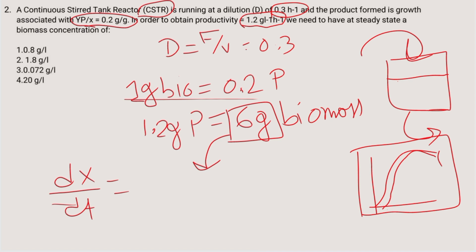Here dx is the change of the biomass and dt is the time. So it should be 6 depending on the equation. The 6 means dx, 6 gram per liter, is the change of the concentration of the biomass, and it will be divided by 1 hour.